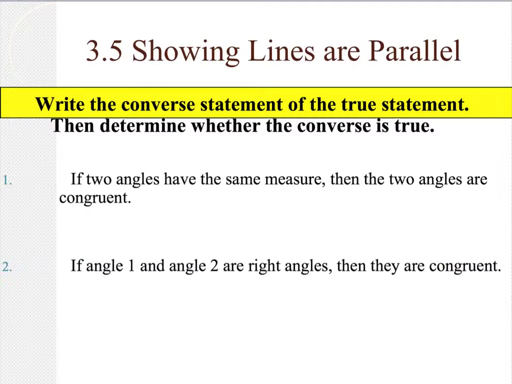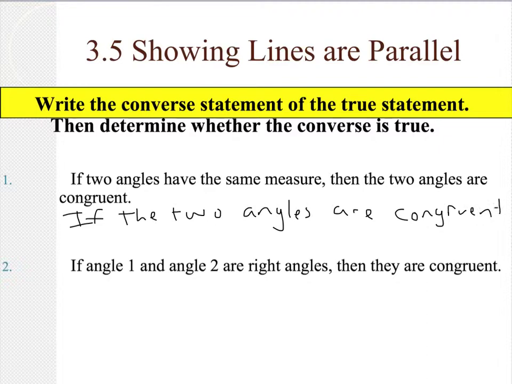All right, so the very first one, if two angles have the same measure, then the two angles are congruent. If we flip these around, if the two angles are congruent, then the two angles have the same measure.